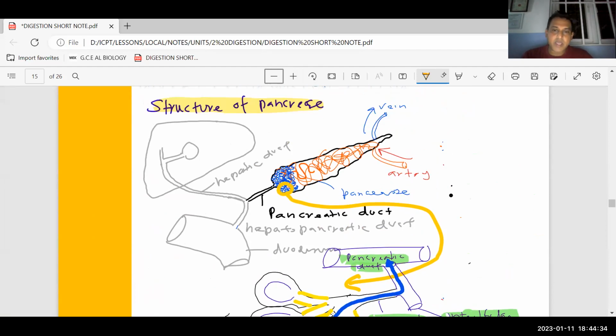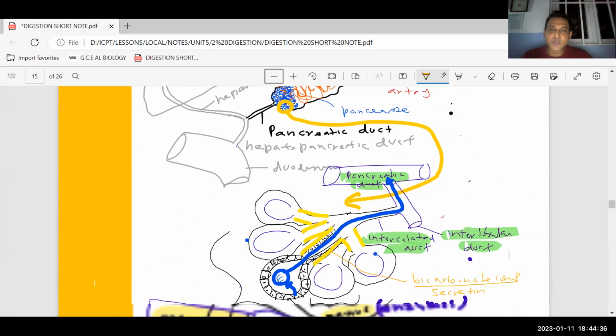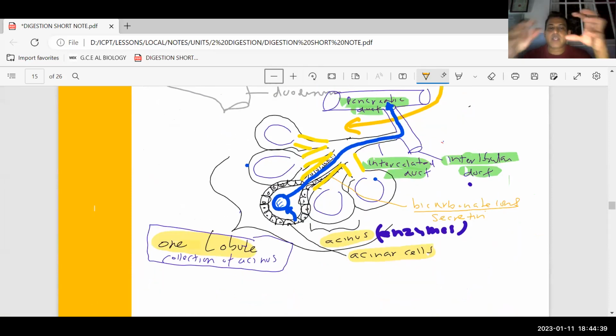So this is the way it looks, and when you look very closely, it has small divisions called lobules. Lobules are made by a collection of acini. So this acinus drains through this duct to the pancreatic duct.